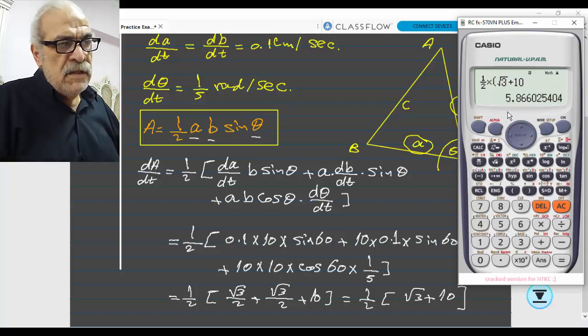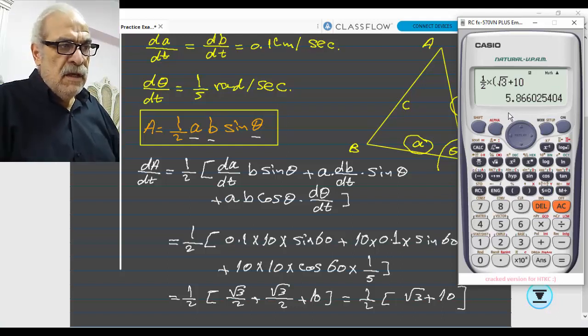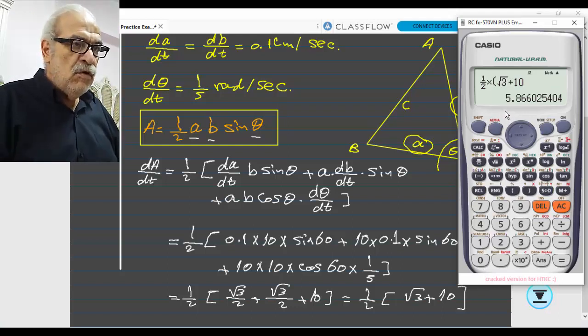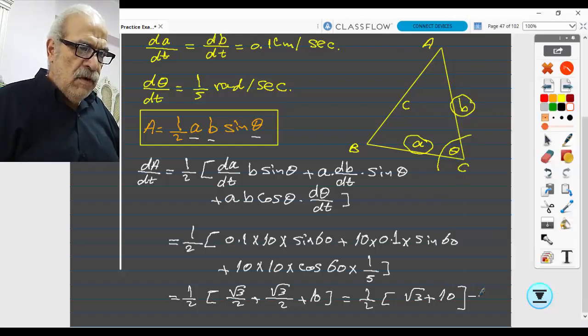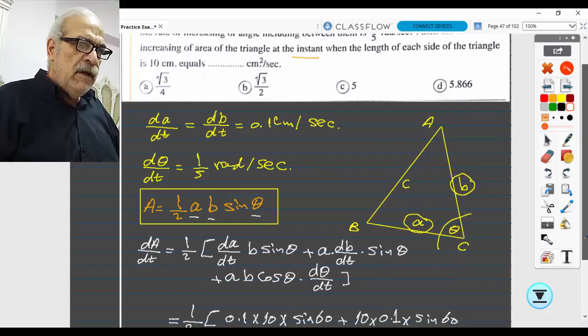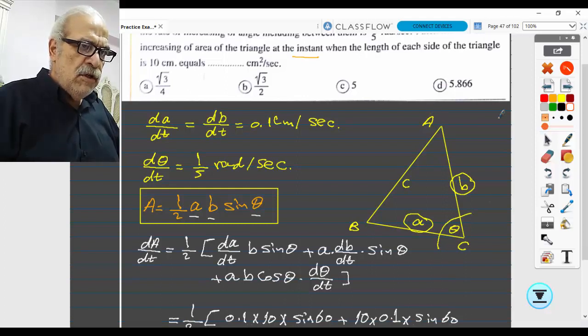The result equals 5.9 approximately, or 5.866, equals 5.86. Okay, here is the solution in letter D. Next question.